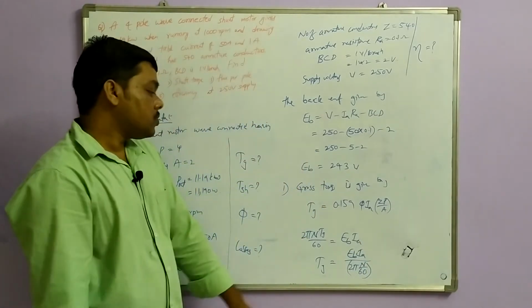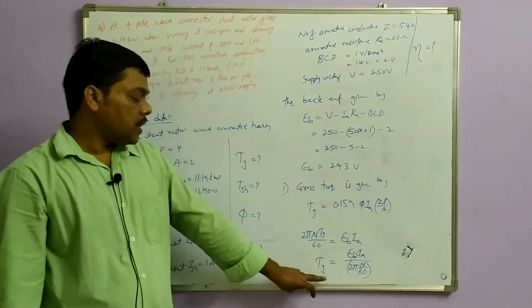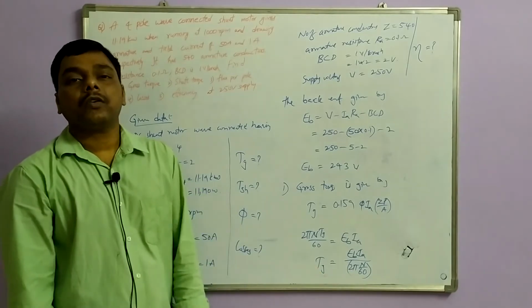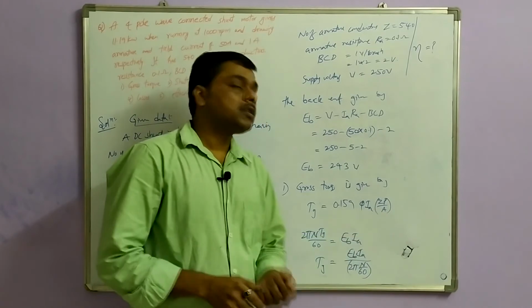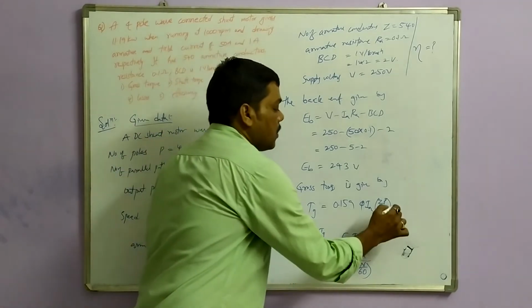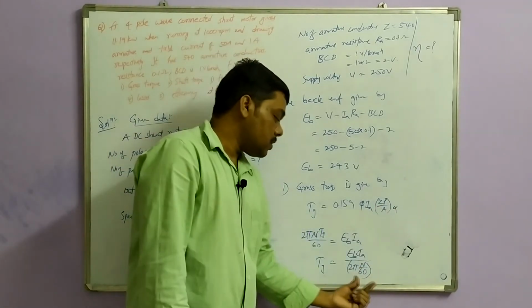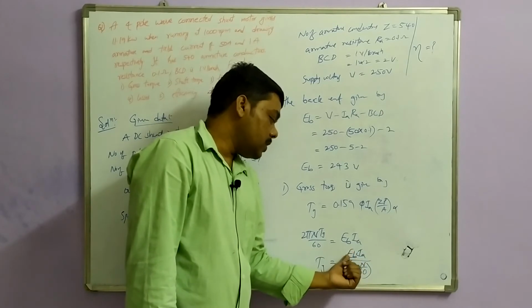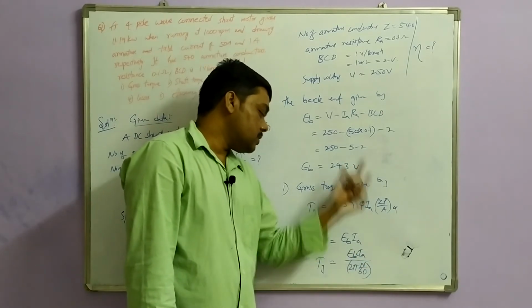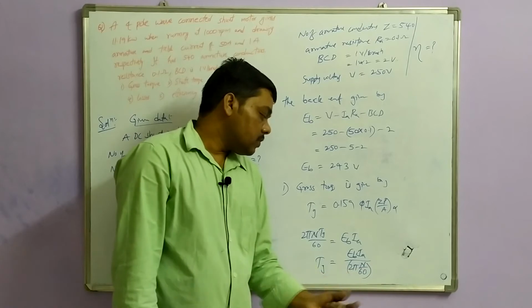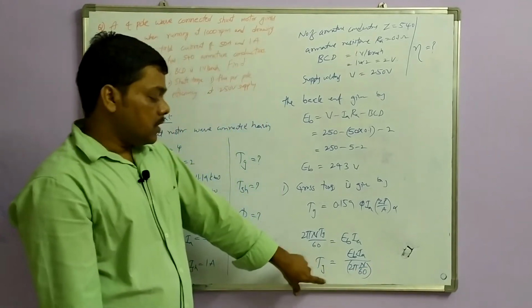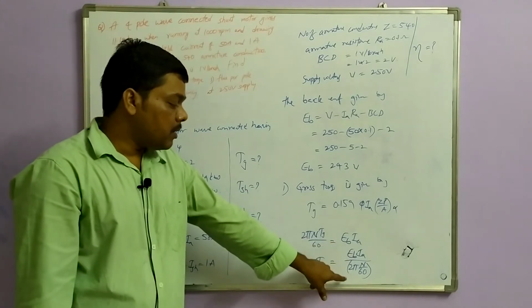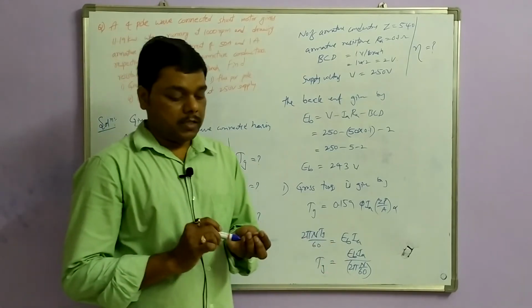We can use this formula to evaluate the gross torque very easily, since EB is calculated, IA is given and speed is given.